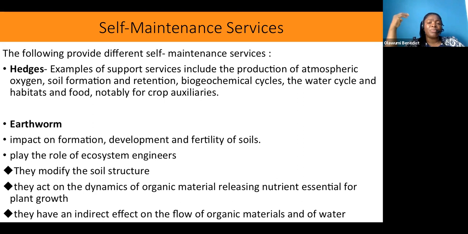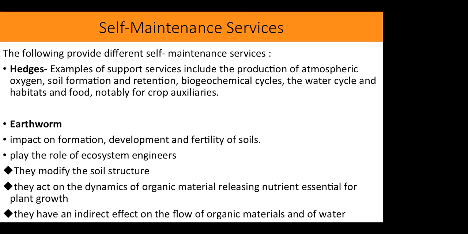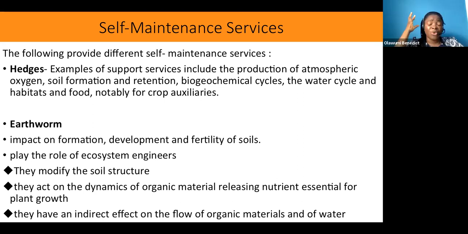Then also it helps in the production of atmospheric oxygen. Like I was saying, when you have trees in your environment, the ratio between carbon dioxide and oxygen is different. In fact, the smell of a natural habitat, the kind of oxygen that you breathe in, is totally different when you have hedges, when you have trees planted in your ecosystem.